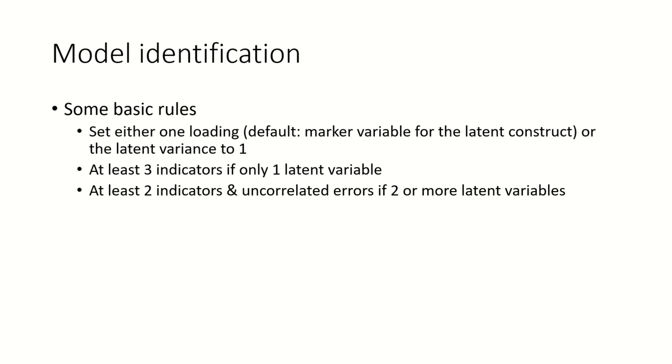The reason why it is so important is because if we don't put some kind of constraints around our models, we could find an infinite set of possible solutions, because we have data and we try and fit a model, but since there's no fixed anchor against which we can compare our models, we could actually come up with an infinite number of solutions that could all work equally well.